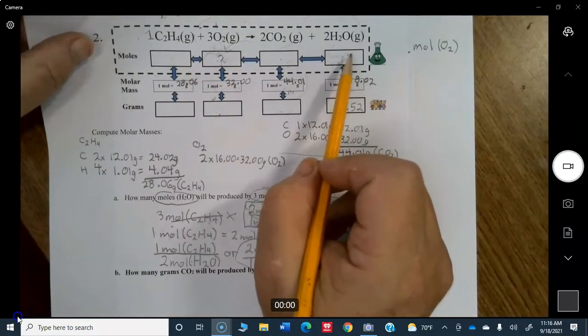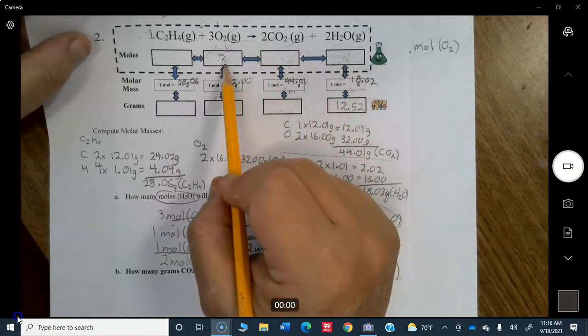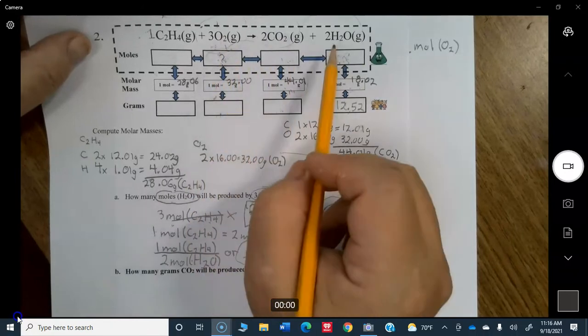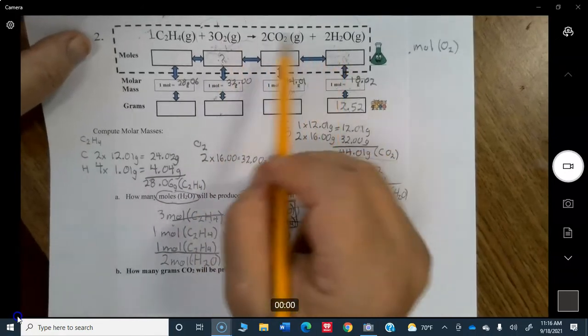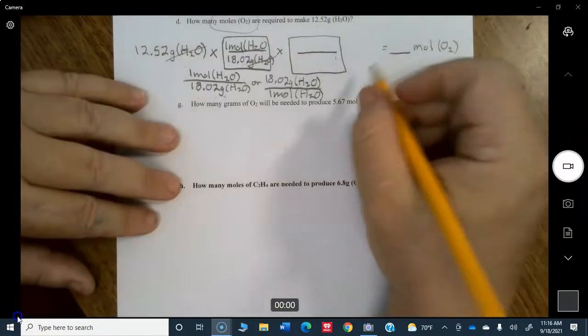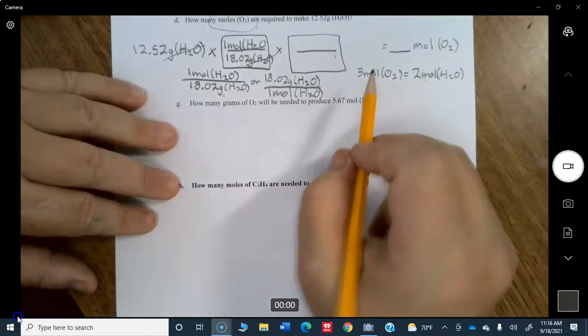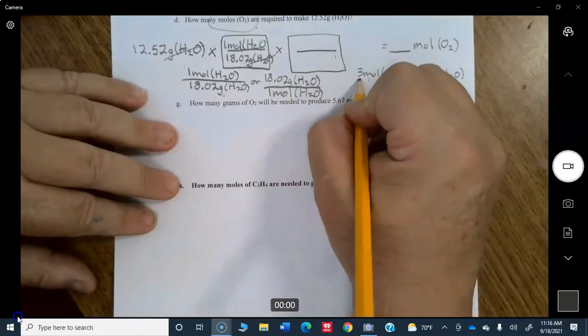That means you're sitting in this box right here in the H2O in the moles row. Now you're going to need to get from moles of H2O to moles of O2. There's the relationship. You just set an equal sign in between those two. So I'll go ahead and write the equivalency. Okay, you just have to add the word moles and then the conversion factors.